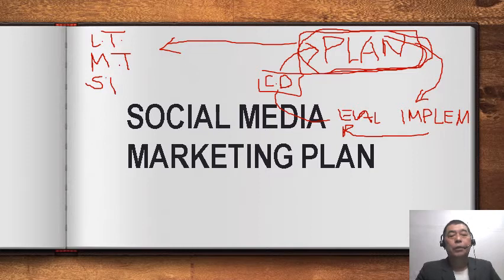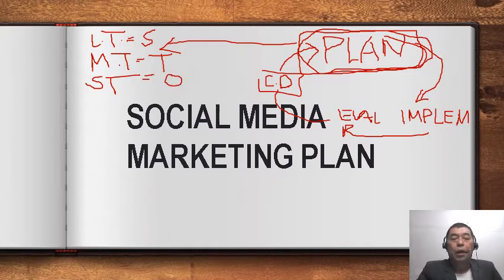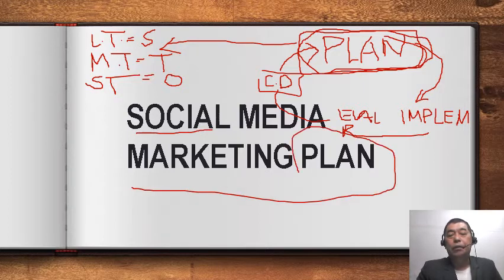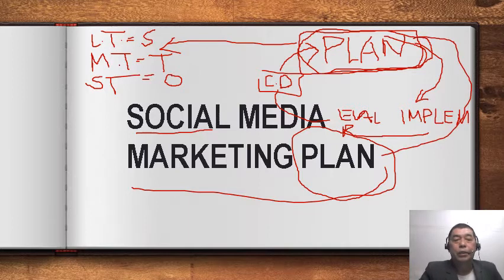So, long-term planning is called strategic, mid-term is called tactical, and this one is called operational planning. Okay? So, in this tutorial video, we will study about social media marketing plan, and this is related to the first stage of the management cycle.